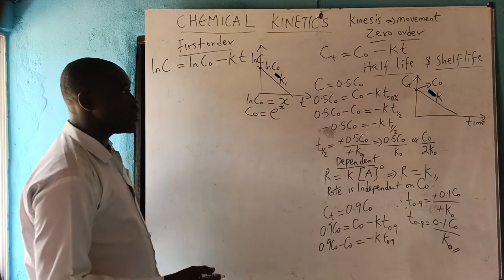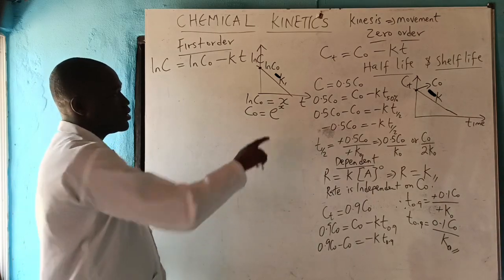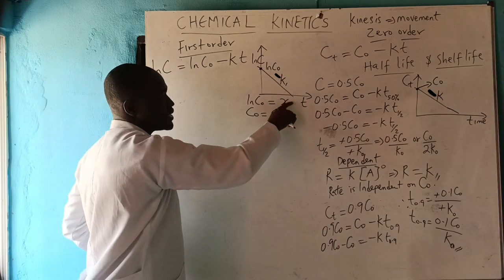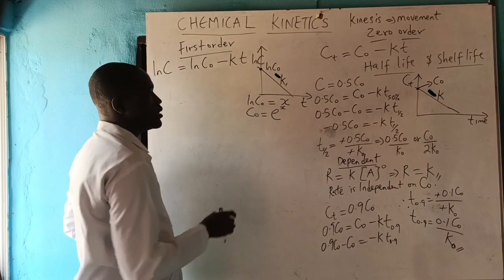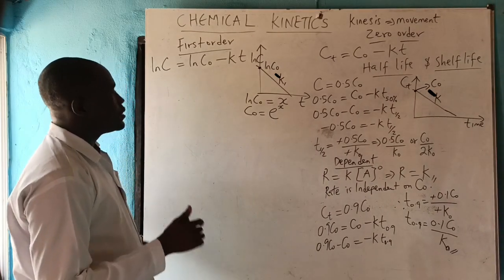You just use your scientific calculator. Once you press shift ln, it has packaged it this way. You now put in the value you got from here, and that will give you the value for CO.